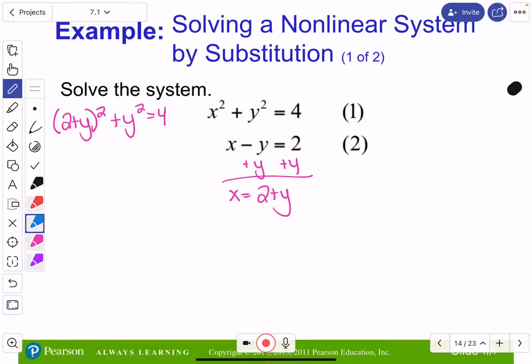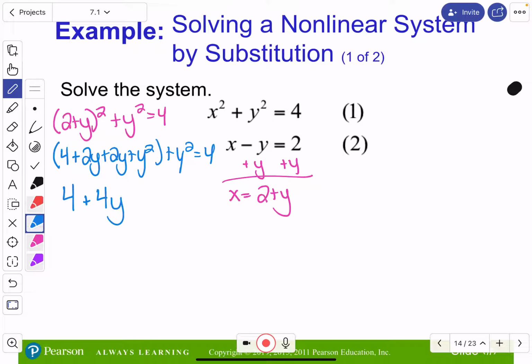So 2 squared is 4, 2y, and then you'd have 2y again, and then you'd have y squared. So combine like terms: you have 4, and 2y plus 2y is 4y, and y squared plus y squared is 2y squared. If you subtract 4 from both sides, you have 4y plus 2y squared equals 0.